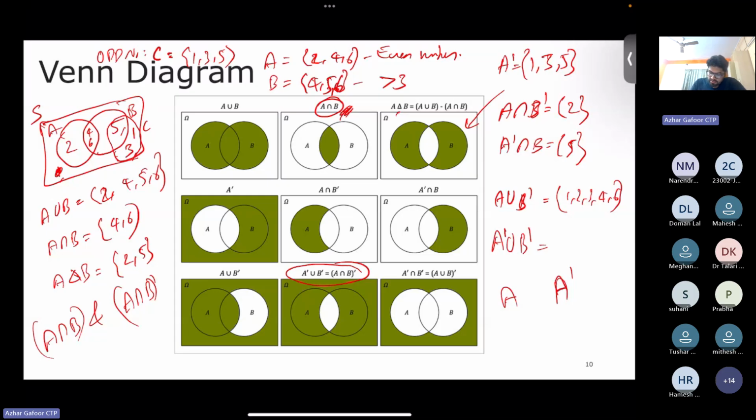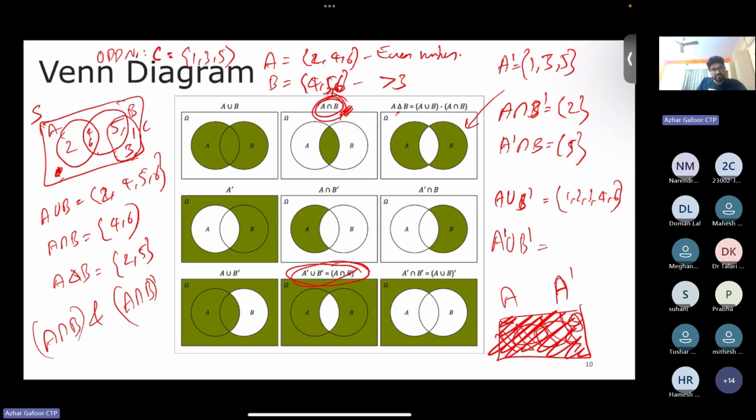And if you combine these two events and draw the Venn diagram, I have no space to draw. Okay. So if we draw the Venn diagram and combine the colors, we are going to get the complete sample space covered.